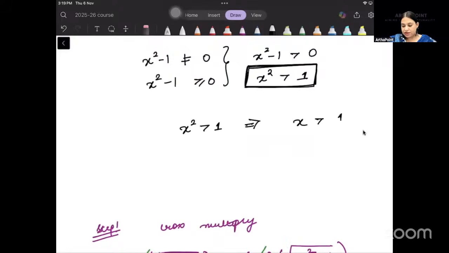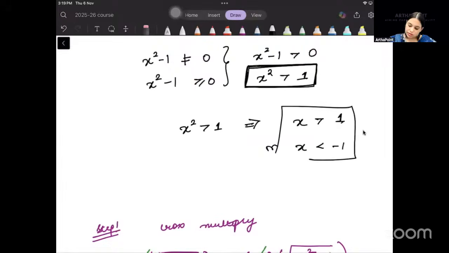That x can be greater than 1 or x can be less than minus 1. This becomes my domain. ये मेरा domain बन जाता है. Clear? Remember, 1 and minus 1 are not included.